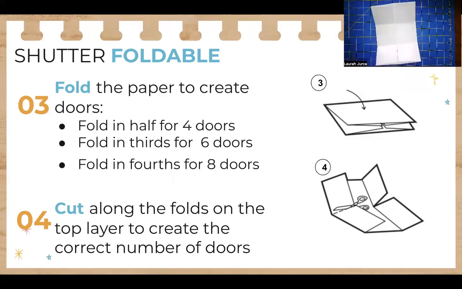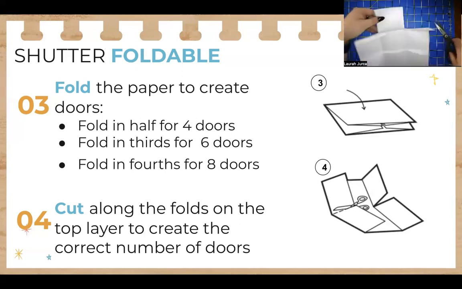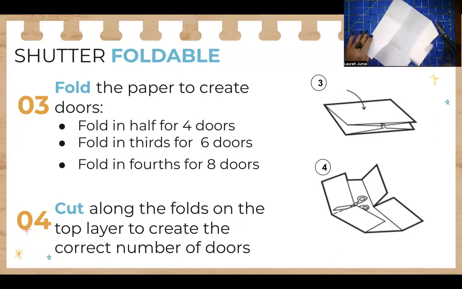So for this shutter foldable, you're going to open it and you're only going to cut along to the first crease. So just like this. And you're going to do that on each side.